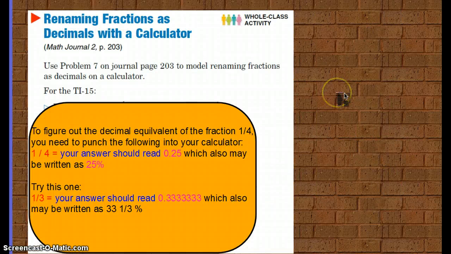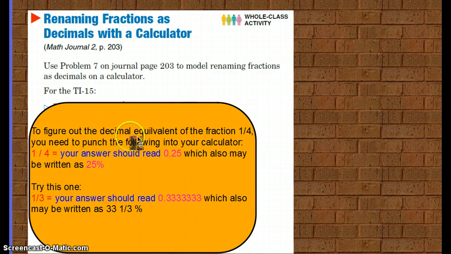One other neat little trick is renaming fractions as decimals with a calculator. So on your journal, page 203, I'm going to show you, and I want you to work out some fraction problems with your calculator.